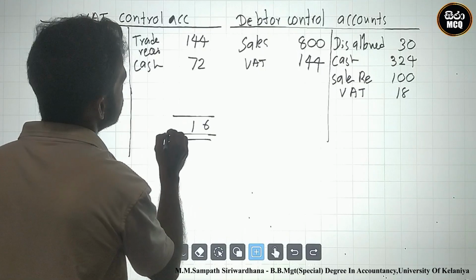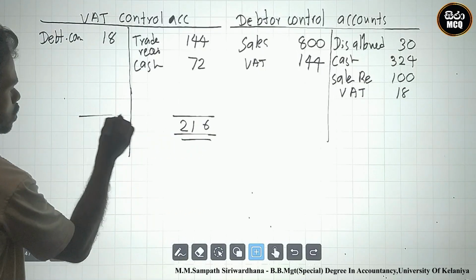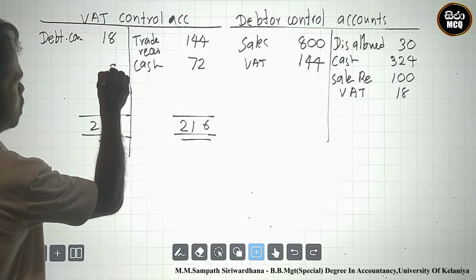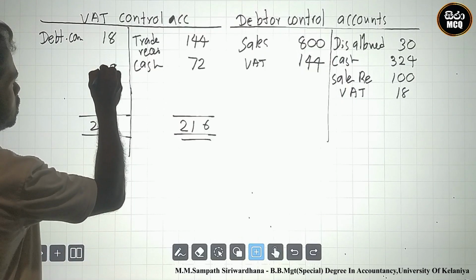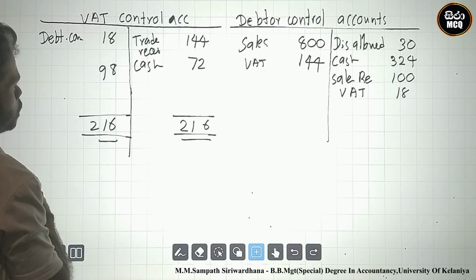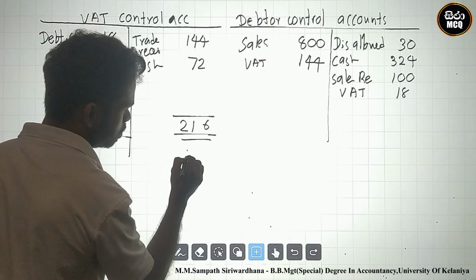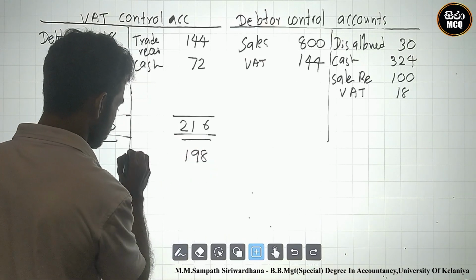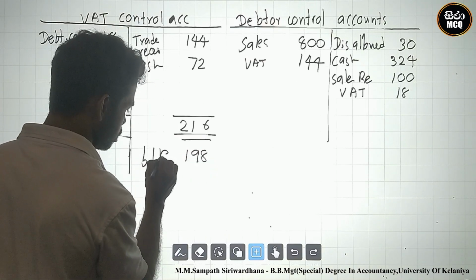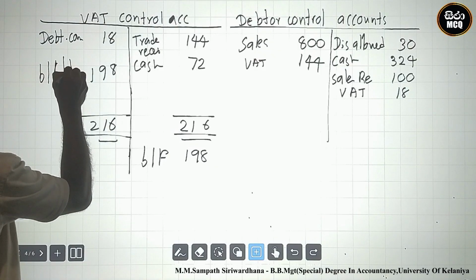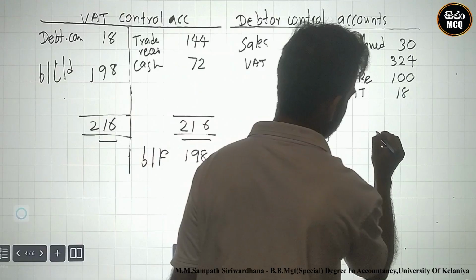This time 6, then 216, 8, 1, 9, 2, 9, 1, 198, balance brought forward, balance carried down.